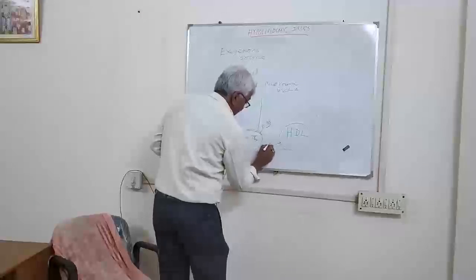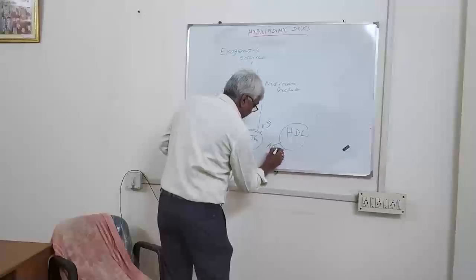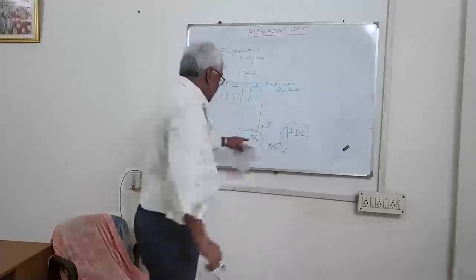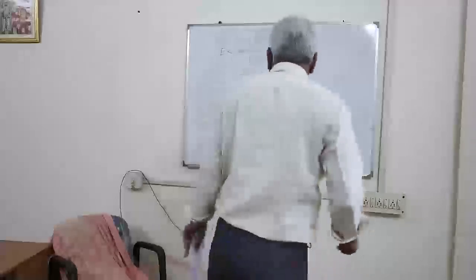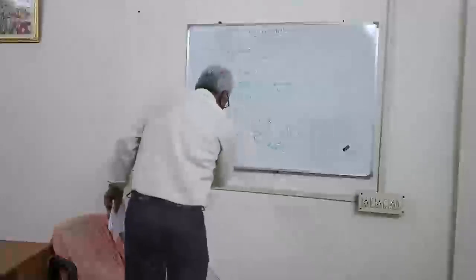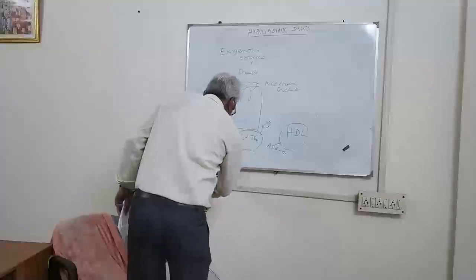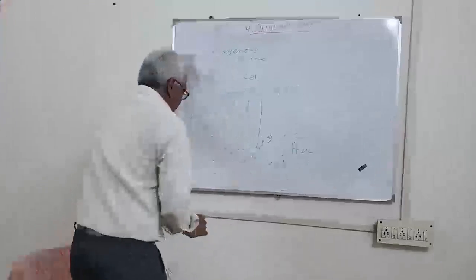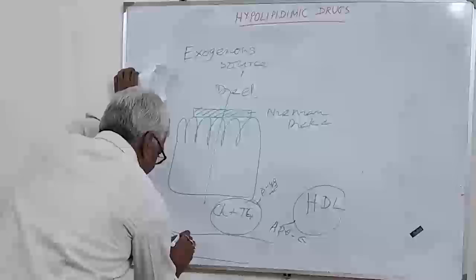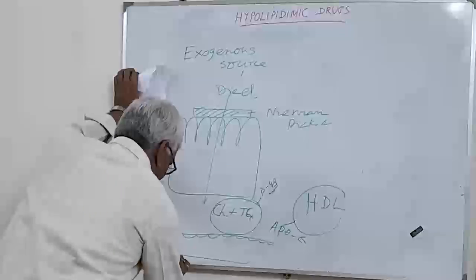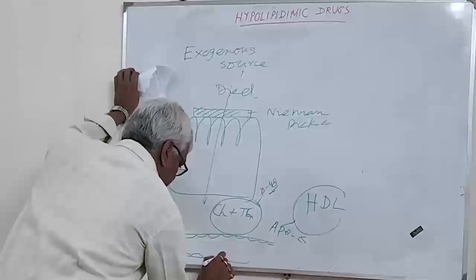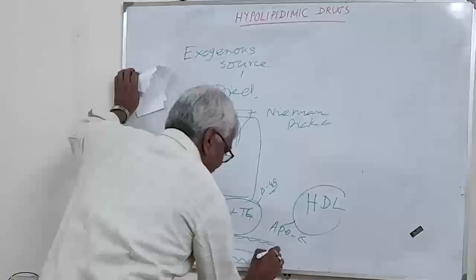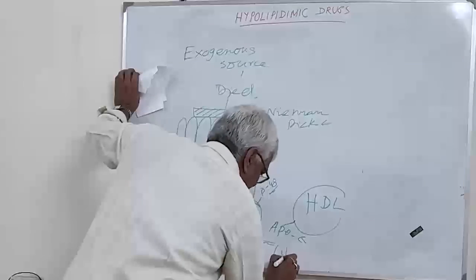When the ApoC combines with the chylomicron and it goes to the circulation, into the capillary endothelium, there is an activation of an enzyme called lipoprotein lipase.